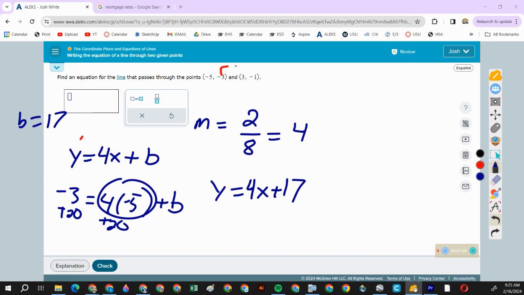So from -3 to -1 is +2. Right there. Oh, how about 1/4, guys?